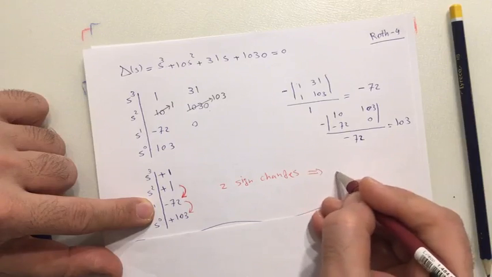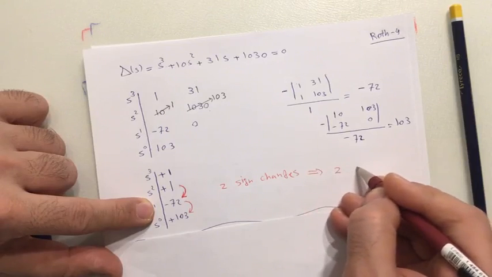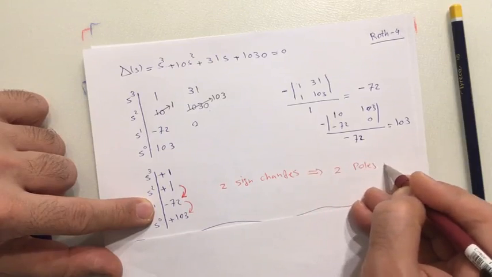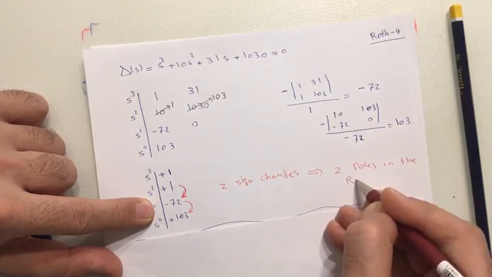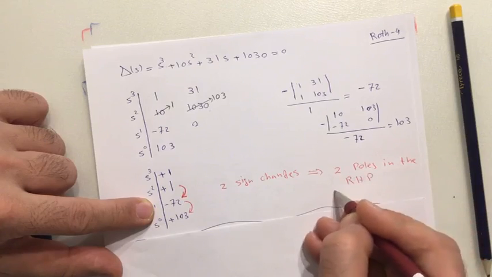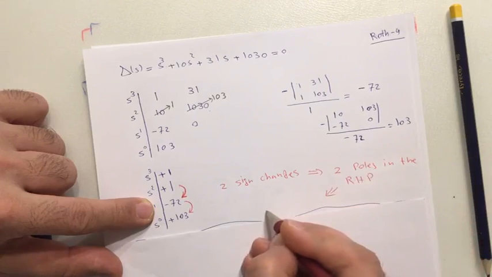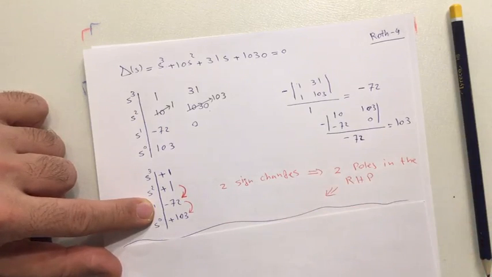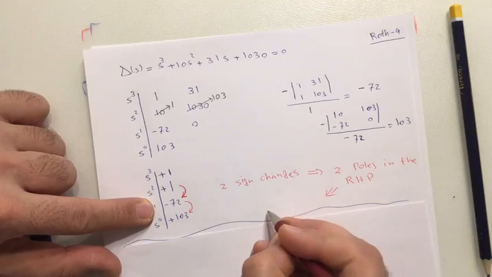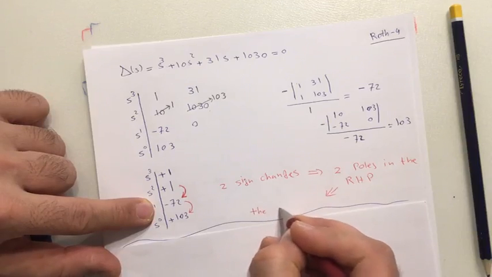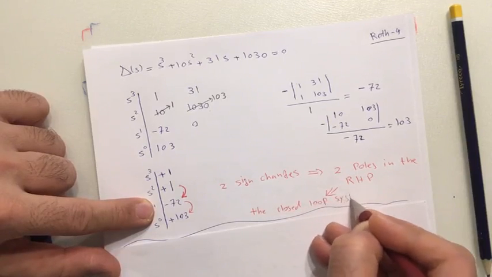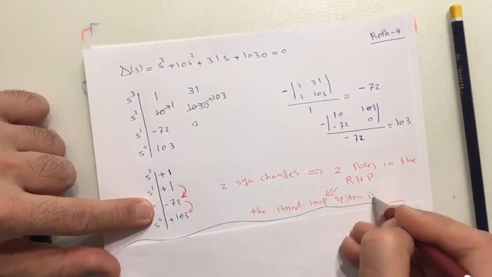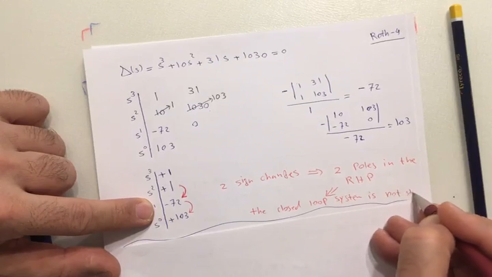Therefore, two poles in the right half plane. Therefore, the system is not stable. Therefore, the closed loop system is not stable.